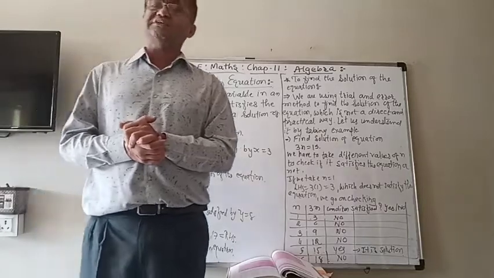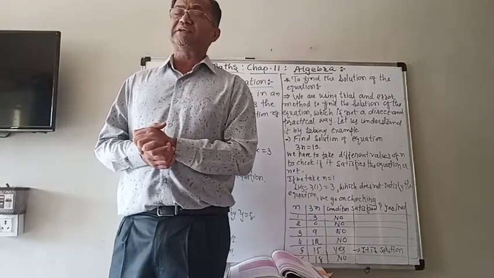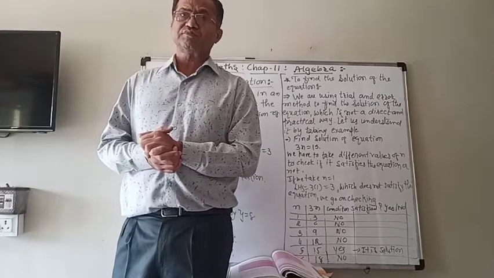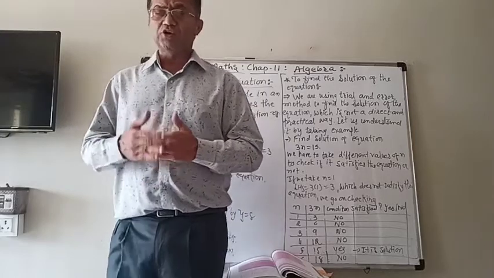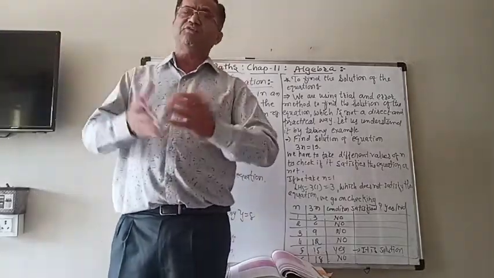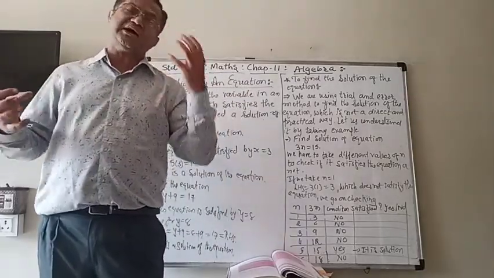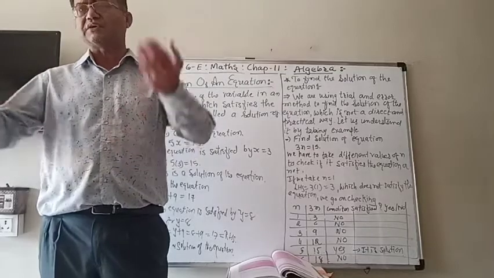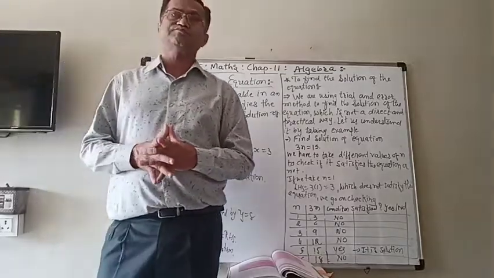It takes a long time also, and you do not get a direct answer. You have to take trials of different values, substitute the value, and it must balance both sides. When the LHS and RHS become equal, that will be the solution.